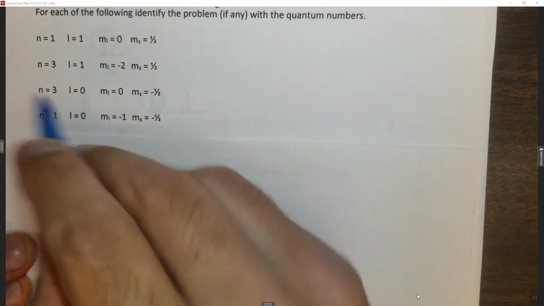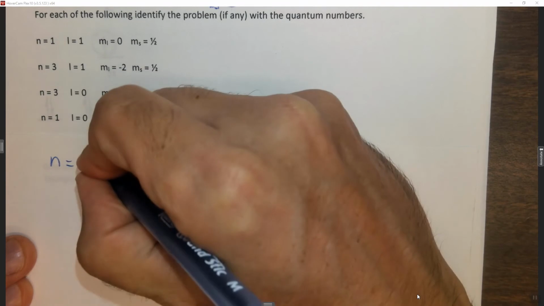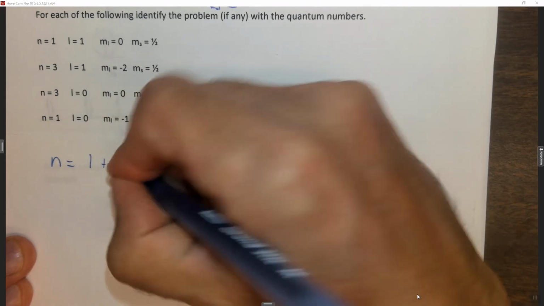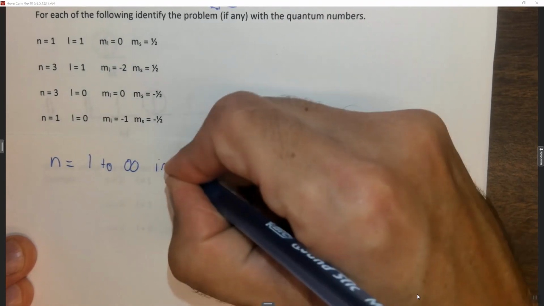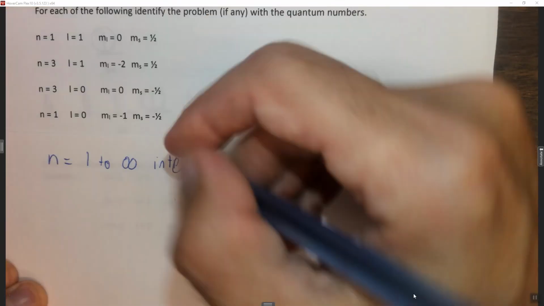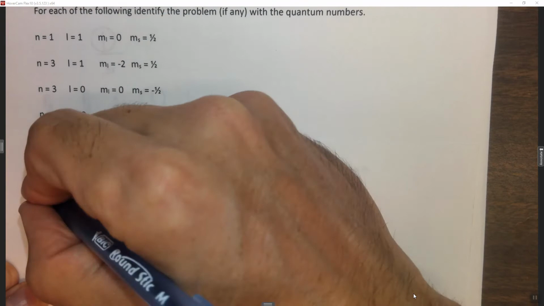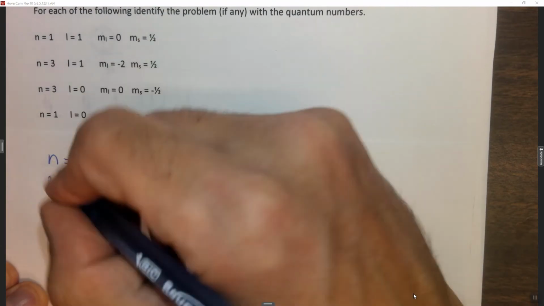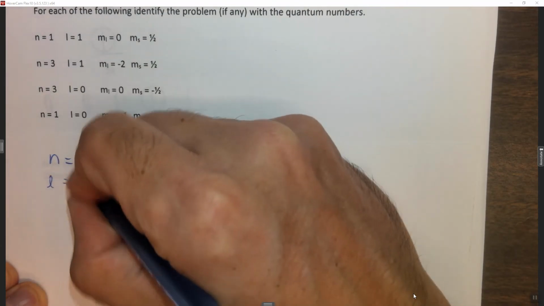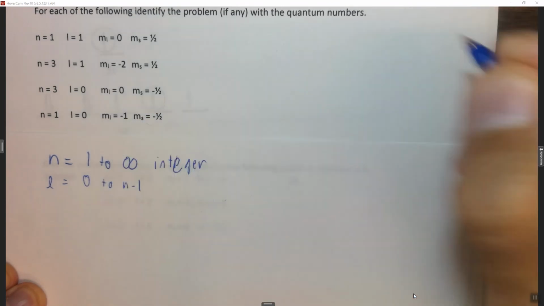All right, so n, the principal quantum number, can be 1 to infinity, and it has to be an integer. L, the angular momentum quantum number, is from 0 all the way to n minus 1.